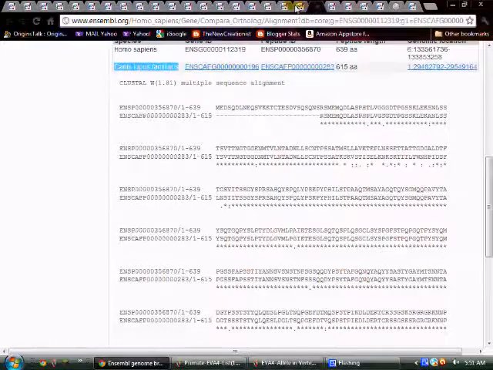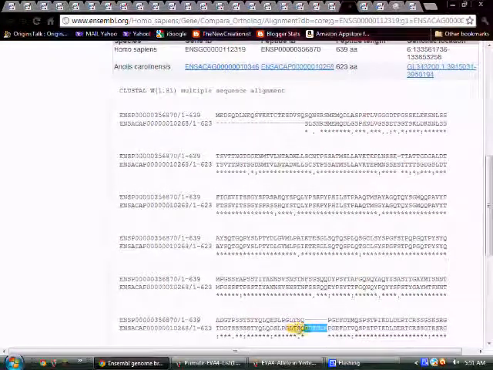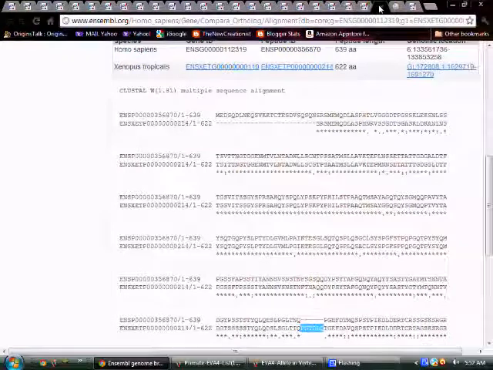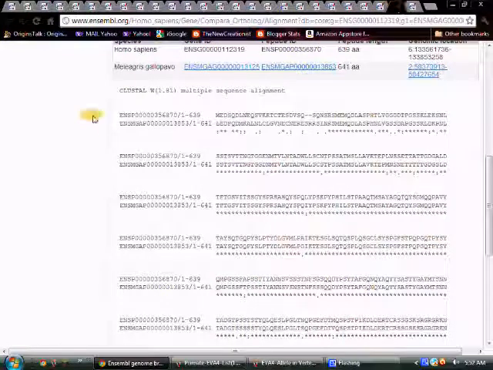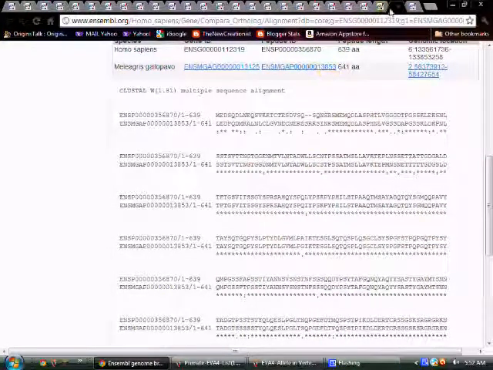Dog does not. Platypus does not. Anole lizard does have the insertion. Latimeria does have the insertion. Xenopus tropicalis, which is a frog, does have the insertion. Turkey does not have the insertion.